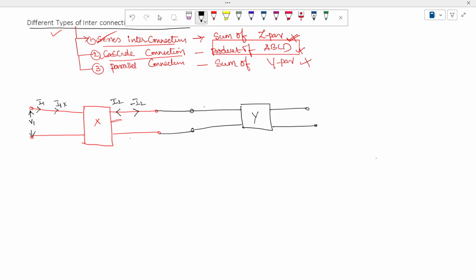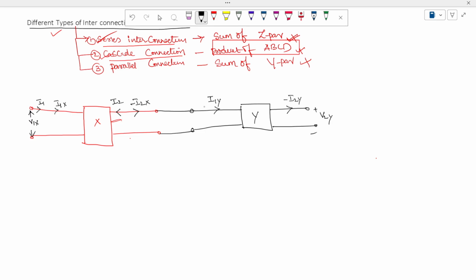These all are with suffixes. The current into this branch is I1Y, and the current in this direction is minus I2Y. So the voltage here is V2Y, the voltage here is V1X.